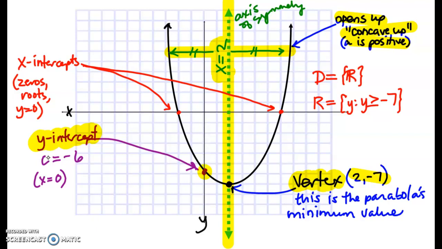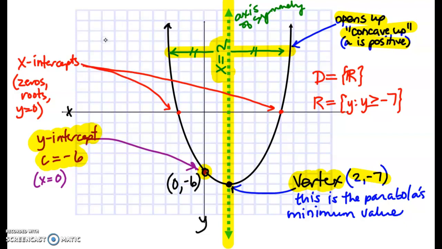And then in the equation to this parabola, we would know that the c value is -6. Another interesting thing to note about the y-intercept is at this spot, the x value is always 0. So if I would want to write the ordered pair of that spot, I would have 0 for the x and a -6 for the y.